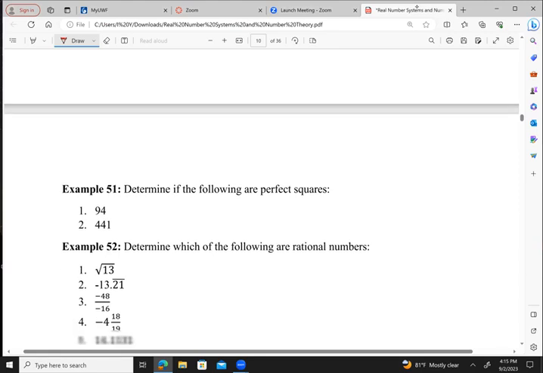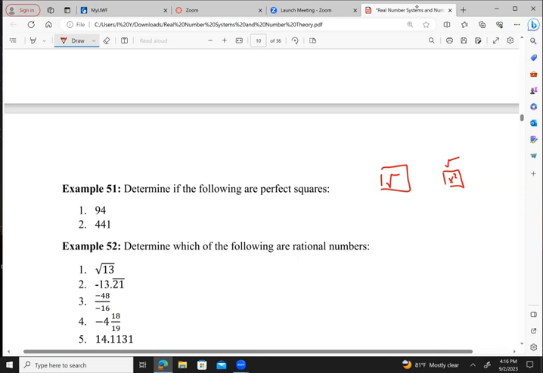So, determine if the following are perfect squares. The easiest way, of course, to do this is your calculator. Your calculator should have a button with the square root symbol on it. In the case of mine, the button is the square, and then above it is the square root.